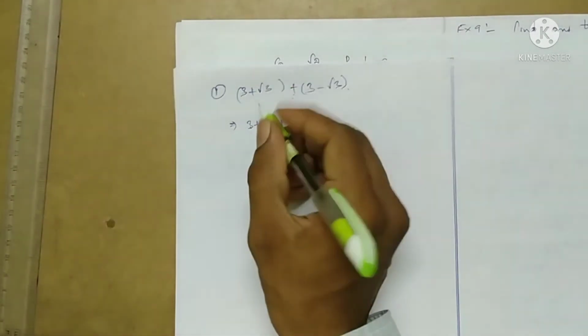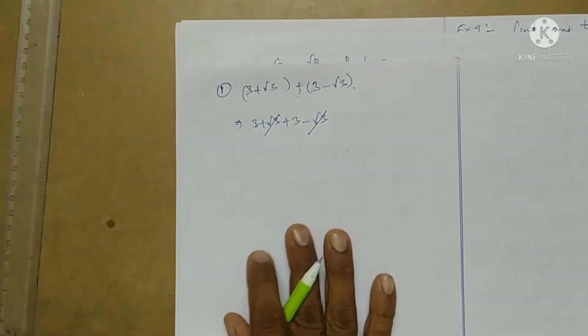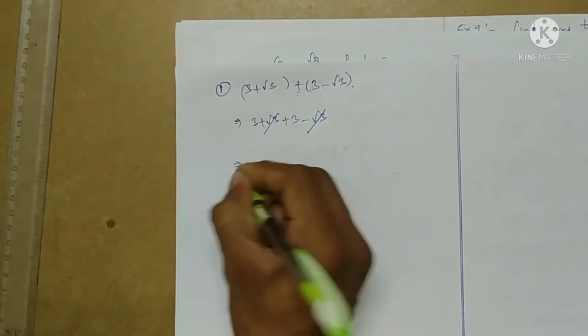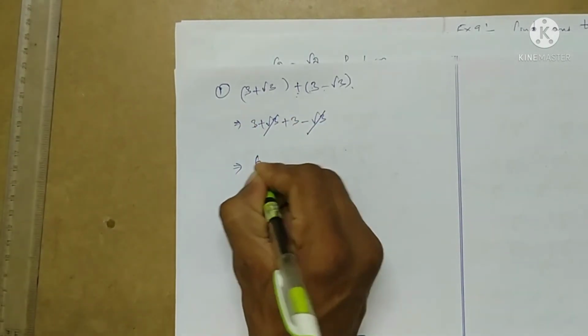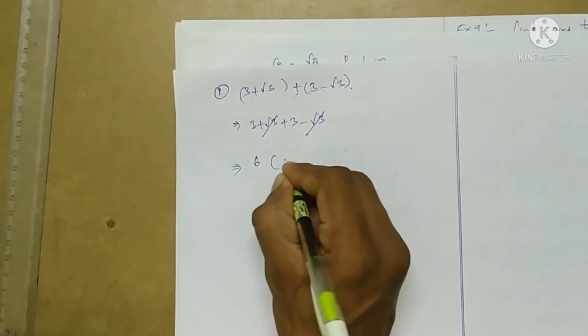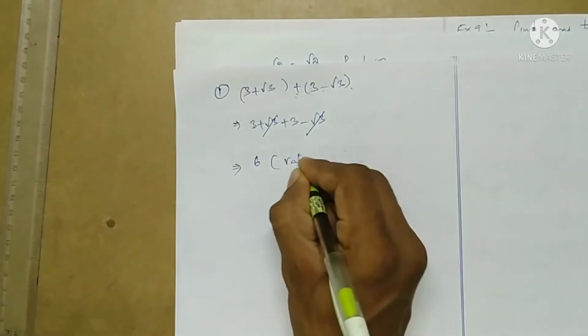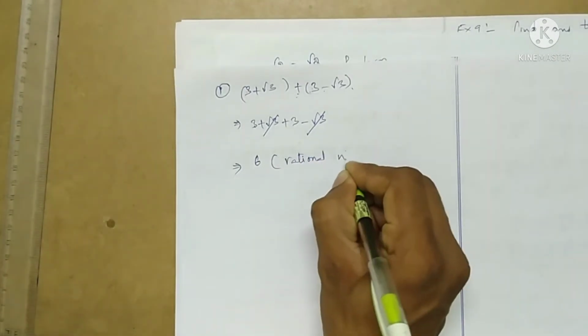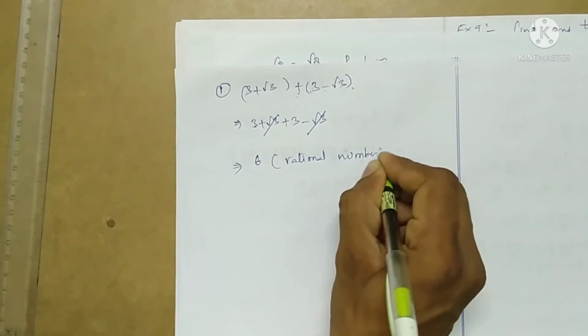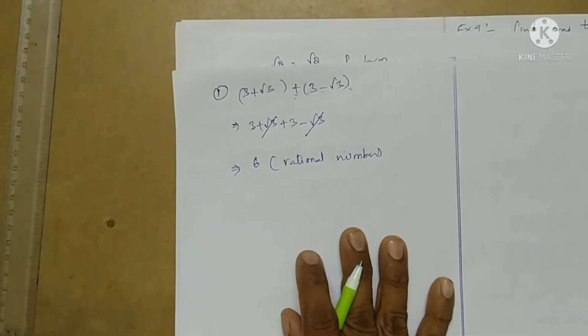Here plus root 3 and minus root 3 cancel. So 3 plus 3 is equal to 6. The result is a rational number, right? It is a rational number.